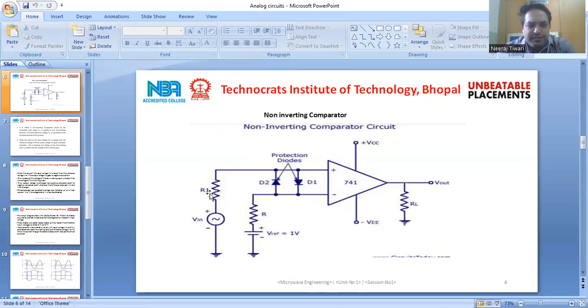And why is R1 added here? R1 is added in series with the time varying signal, which will reduce the offset voltage of the circuit.